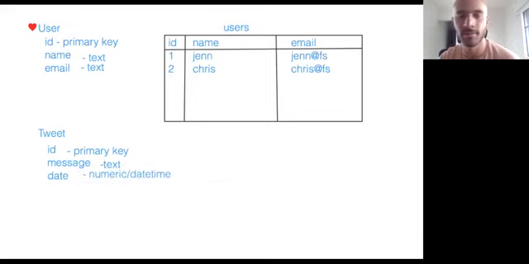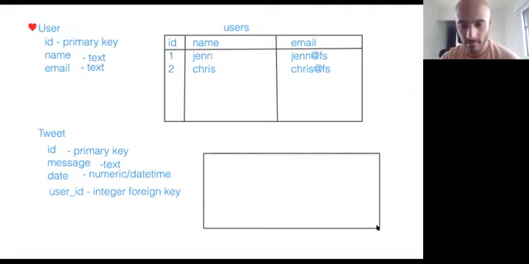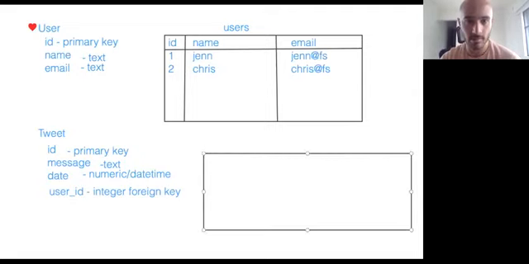All right. And then again, oh, we're forgetting one thing. We're not done. The tweet is missing something. Exactly. It's missing user ID, is an integer. Perfect. So now we got this going on.